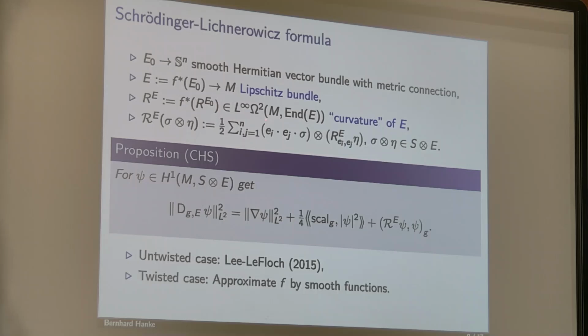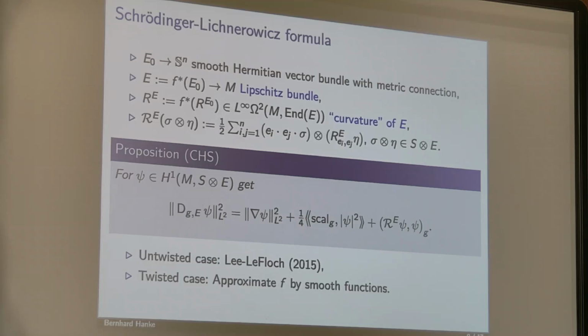And this then gives you a bounded form of degree 2 on M with values in the endomorphisms of E. This is what I call the curvature of E. And from this, I construct a linear operator, or a section, again, in the endomorphism bundle of the twisted spinor bundle using this formula.